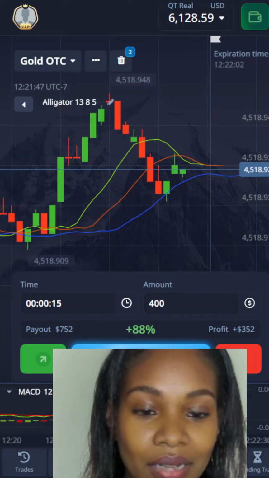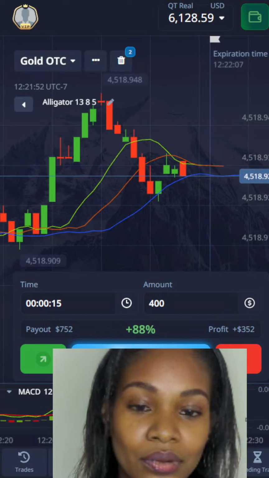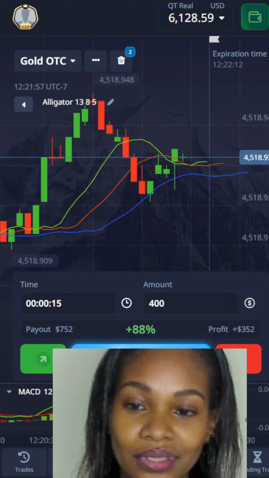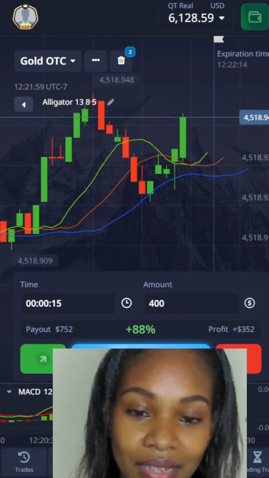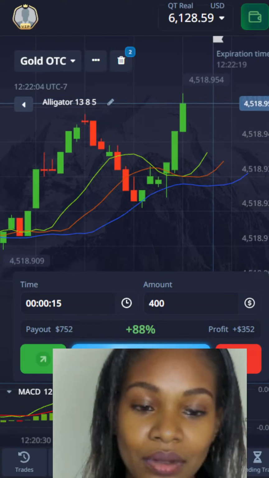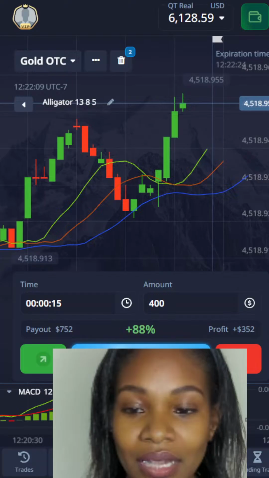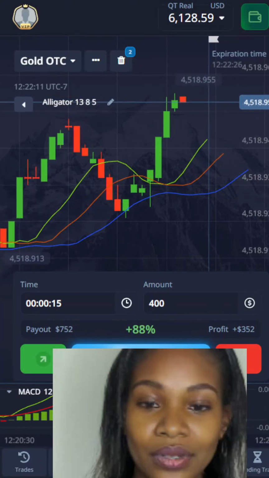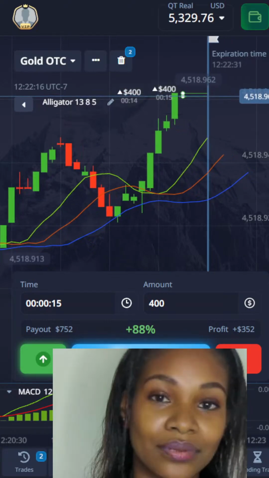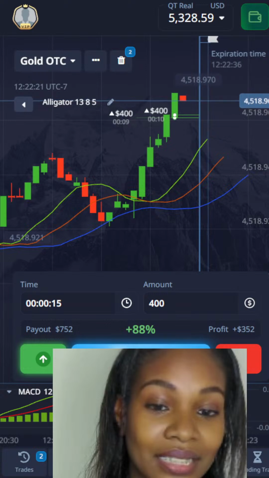All those you have to learn how to identify, because anything that happens between the major higher low and the major higher high is pullbacks. We are in a state of consolidation and all that. As long as we have not broken below the previous major higher low, that simply means we are still in that same particular trend, which is an uptrend.